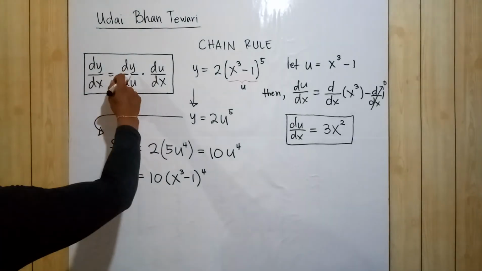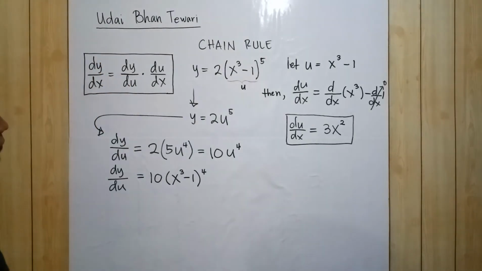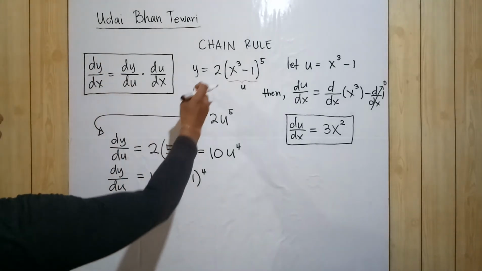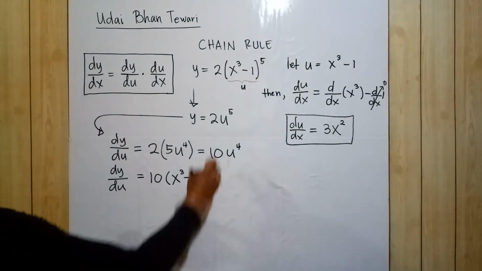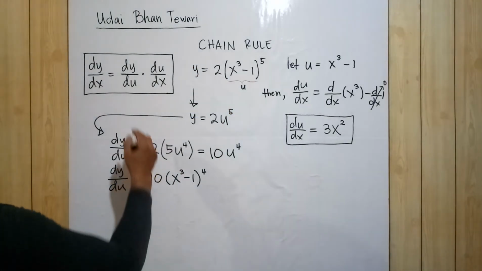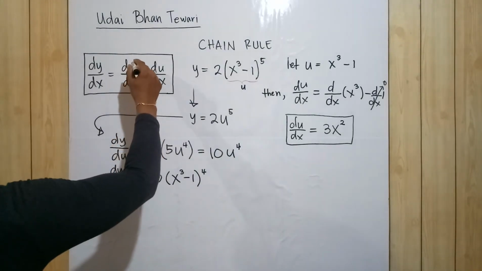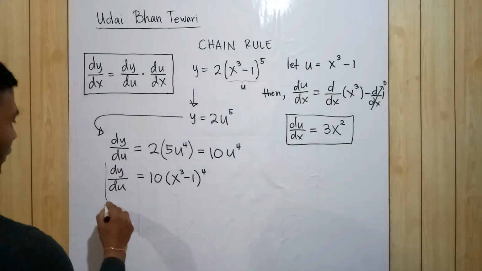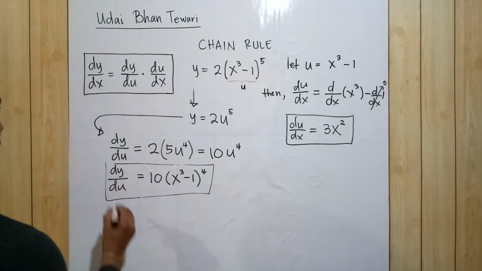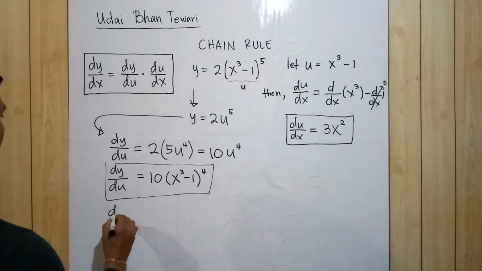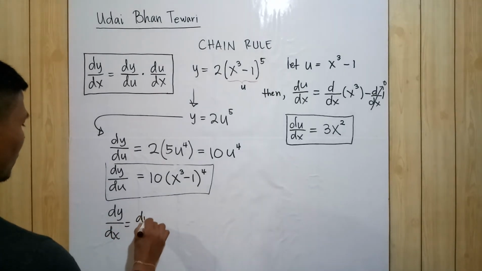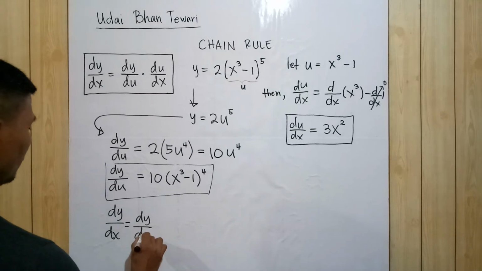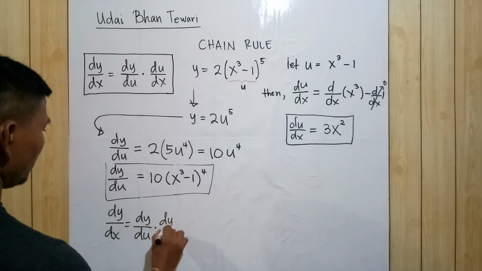Now following the pattern of dy dx, or the derivative of our original function in terms of x, we can now substitute the value that we obtained as dy du. So we have dy dx therefore is equal to dy du times du dx.